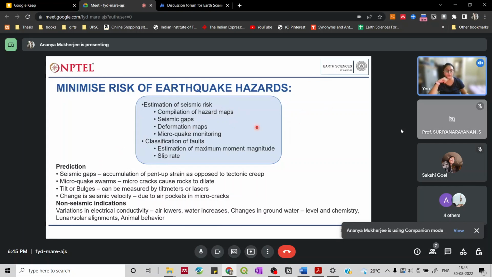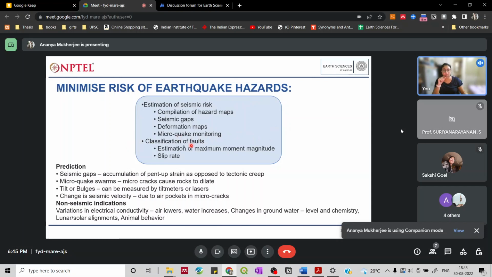You have deformation maps to understand the kind of deformation that is happening, the kind of traces that we can find due to such deformations that are taking place. Then you have microquake monitoring to understand the intensity and magnitude of the seismic events.